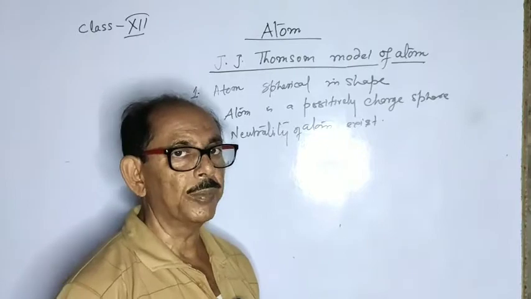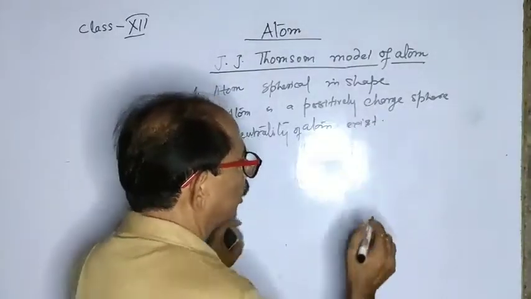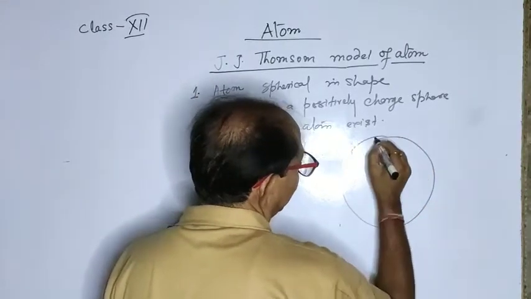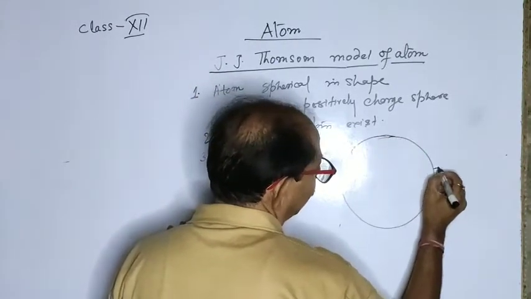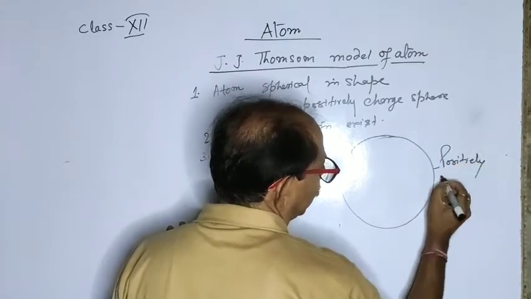According to J.J. Thomson, the electrons are embedded in the charge sphere. Suppose that this is the charge sphere. ठीक है ना. This is a positively charged sphere.